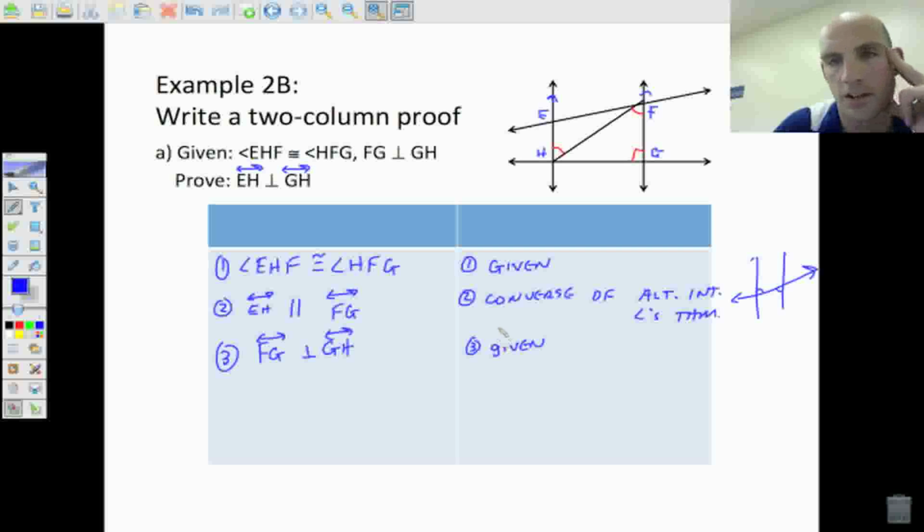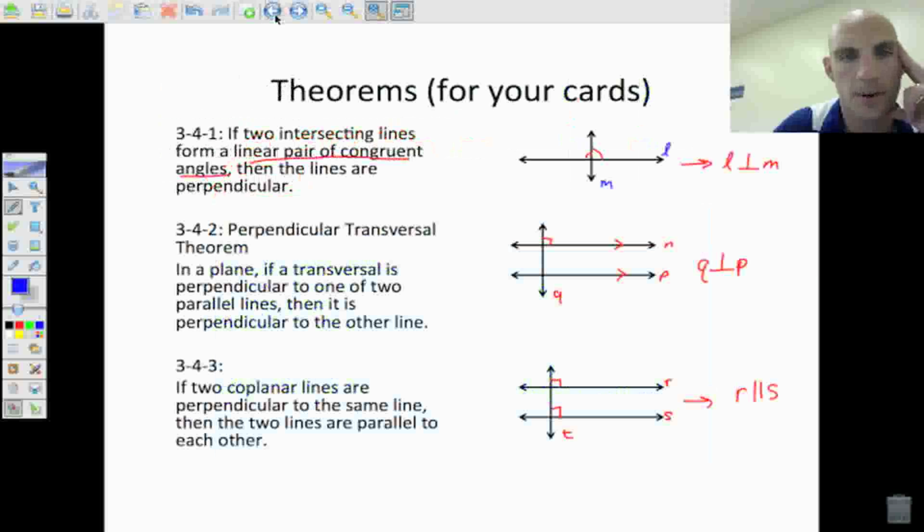Okay, now let's look. I have two parallel lines. I have a transversal that is perpendicular to one of them. And so what I'm going to use now is, look back here for just a minute, perpendicular transversal theorem. In a plane, if a transversal is perpendicular to one of parallel lines, so if it's perpendicular to one of two, then it's perpendicular to the other line.